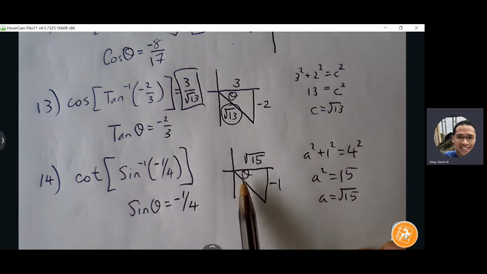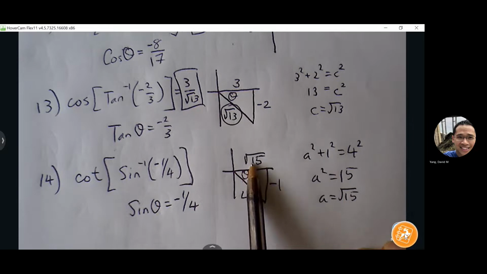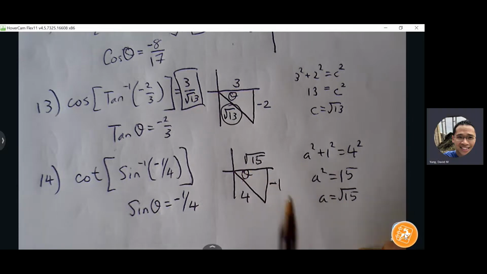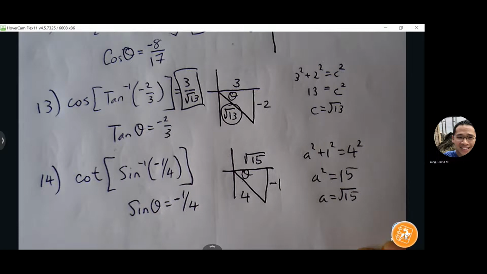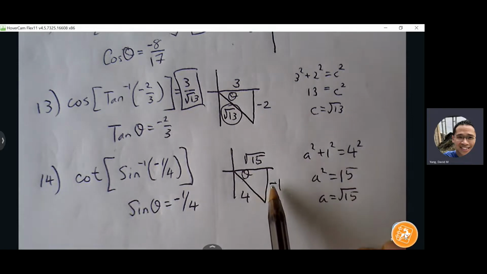Okay, what's cotangent of theta? So x over y, right? Wait, isn't it the square root of 17? It's 16 minus 1, but you have to square negative 1, don't you?